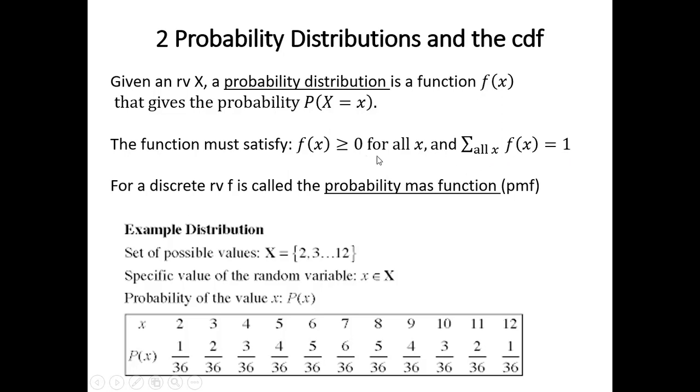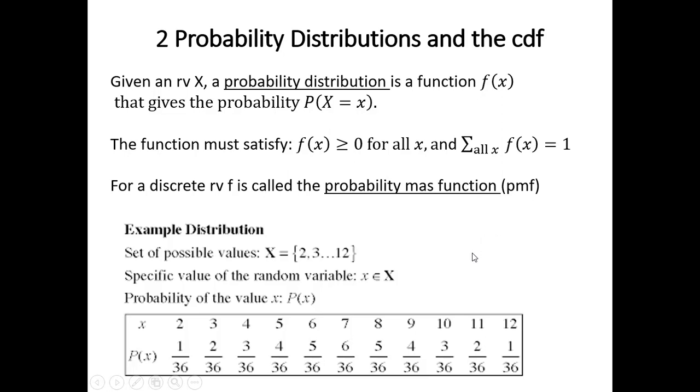And of course, if you put these two together, this implies that f of x is really always between 0 and 1. So this type of function is called a probability mass function, right? For a discrete random variable, f is called the probability mass function, or sometimes abbreviated PMF.